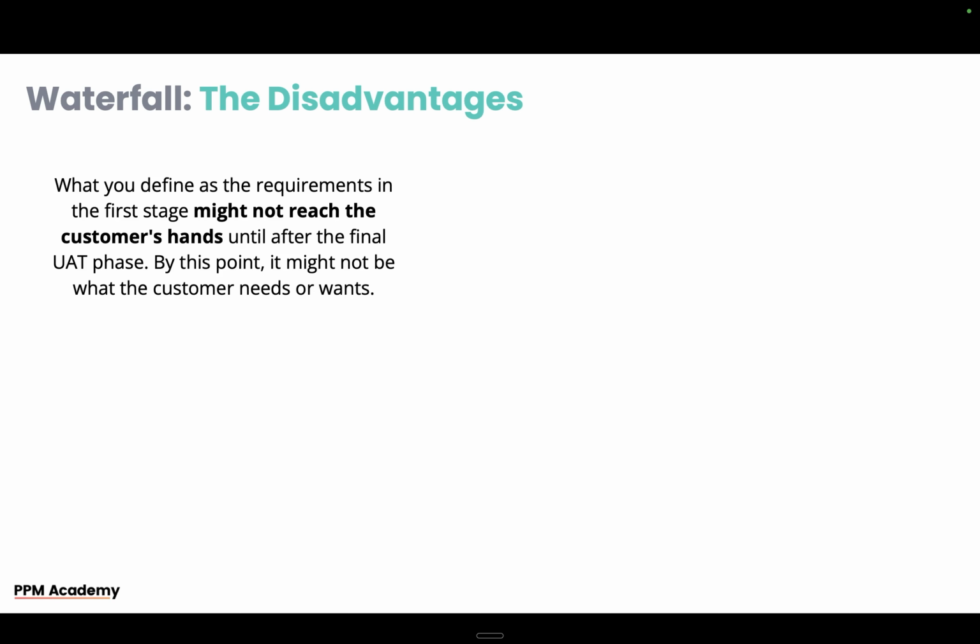But the disadvantages are that what you define as the requirements in the first stage might not reach the customer's hands until the final UAT stage. So, all the way from the requirements, where the stakeholders have agreed this is what we want, all the way through to that UAT testing phase. And what I didn't say on those sequential stages at the start is then the product goes live.